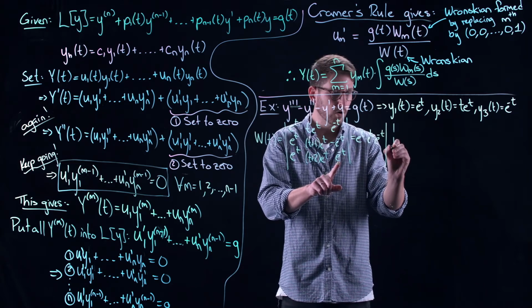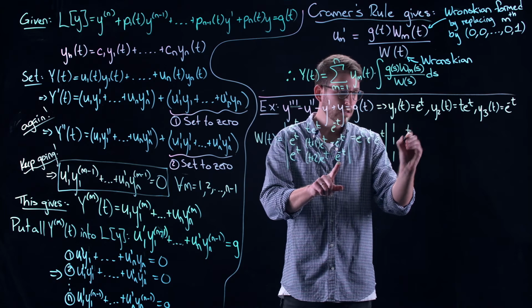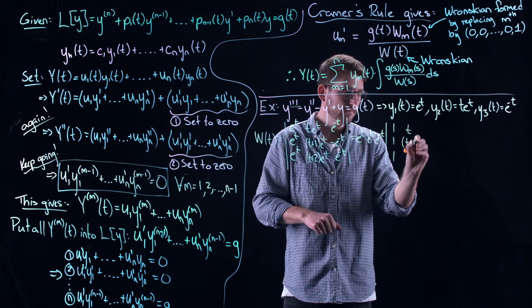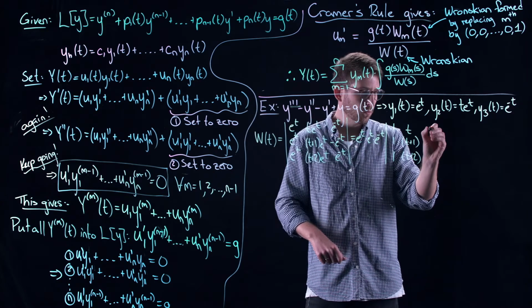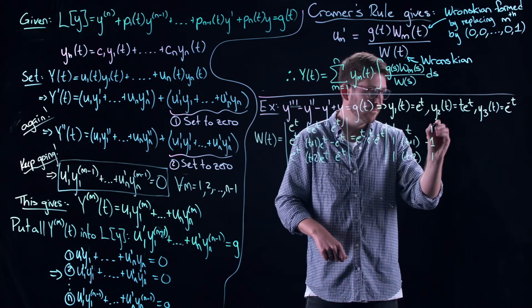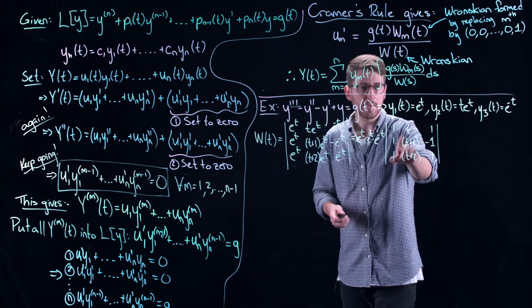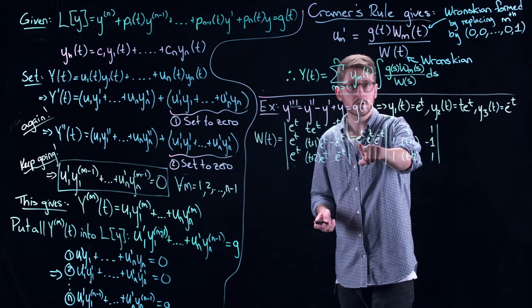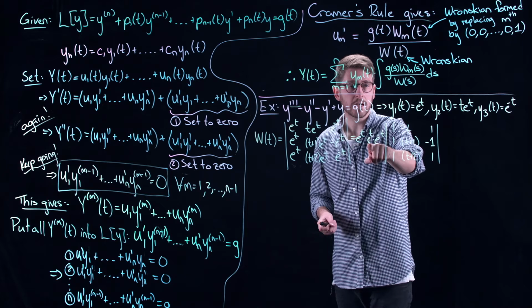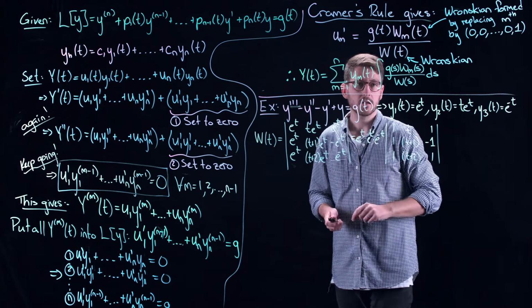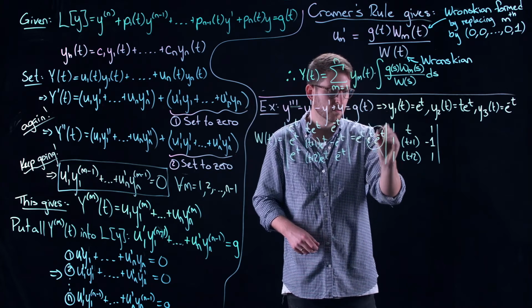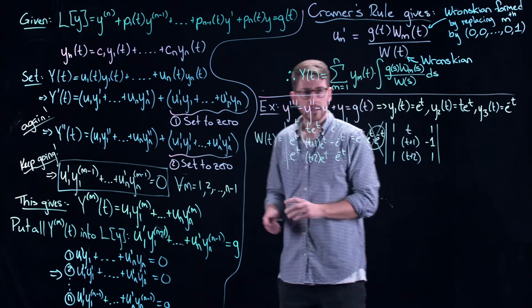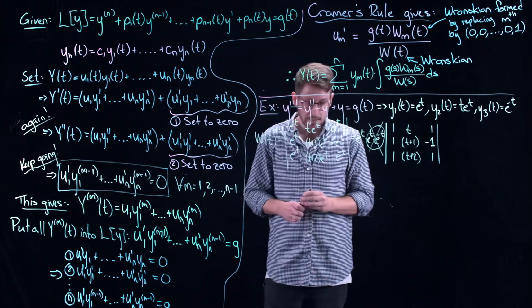So I get 1, 1, 1, t, t plus 1, t plus 2, and 1, minus 1, 1. So what happened? Pulled out the e to the t from the first column, pulled out e to the t from the second column, pulled out e to the minus t from the third column. These two together cancel each other out, and so this thing is just being multiplied by e to the t.